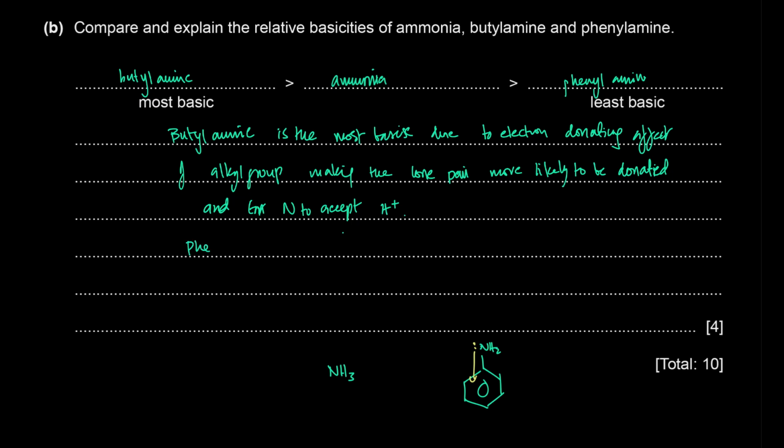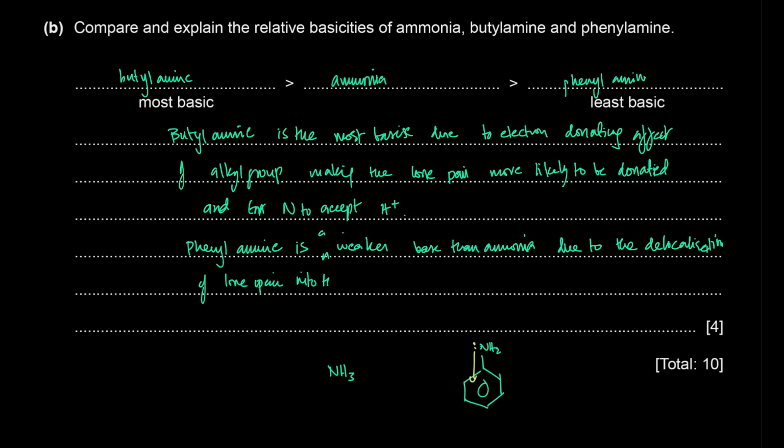On the other hand, phenylamine is the weakest. Phenylamine is a weaker base than ammonia due to the delocalization of the lone pair into the benzene ring, making it less available for donation, or less likely to be donated, and accept a proton.